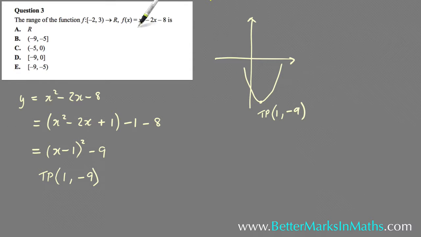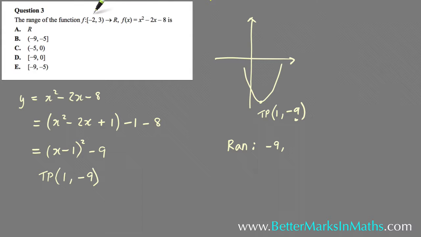Now you're trying to find the range of this function, and the range is always from the lowest y value to the highest y value. You can see already that this is the lowest value, this minus 9 here. So I'm going to put that in the bracket, and I'll figure out whether it's square or round when I get to the other number here. That's part of the range.